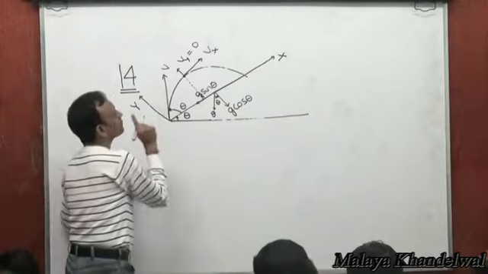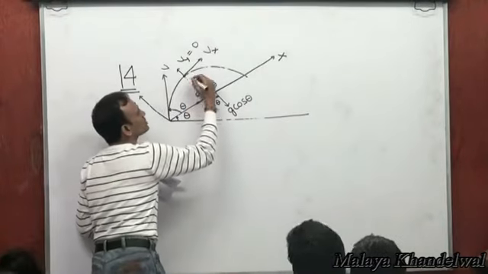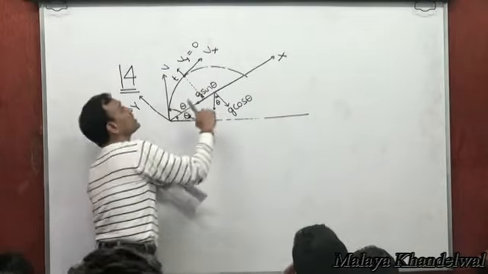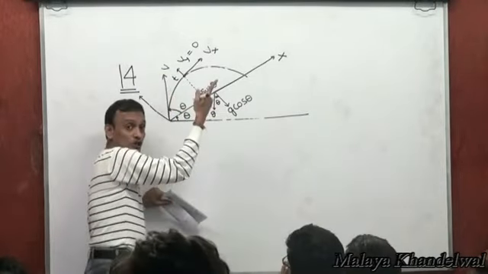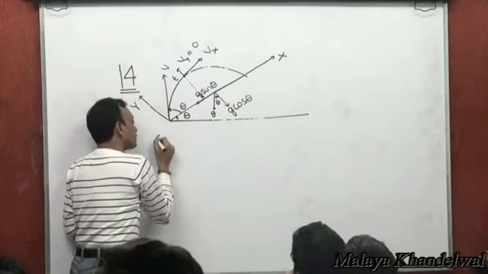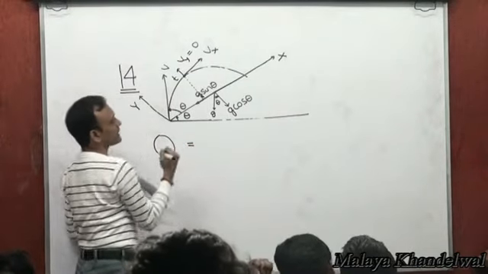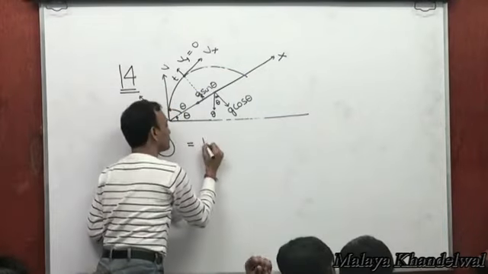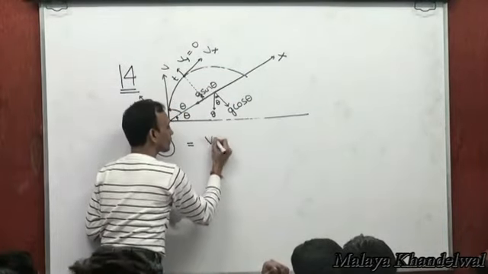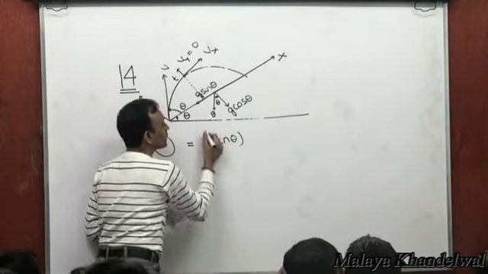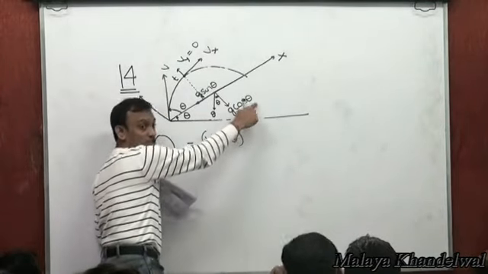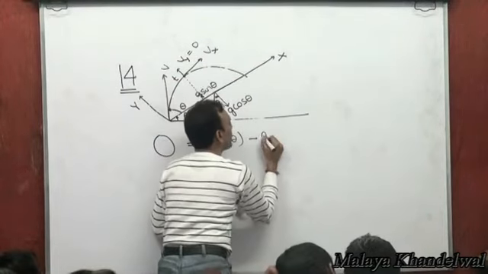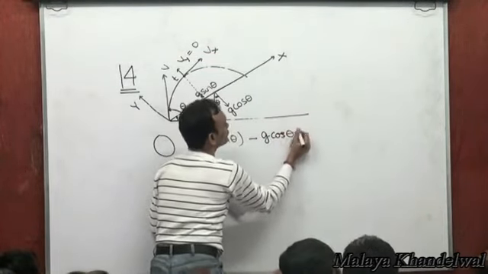Now, that means the time taken to reach this point, let's say that's t seconds, then in t seconds the vertical component of the velocity becomes 0. Now, vertical velocity in t seconds is initial vertical velocity, which is v sin theta, plus acceleration in the y direction, which is g cos theta, in the negative y direction, so minus g cos theta, into t.